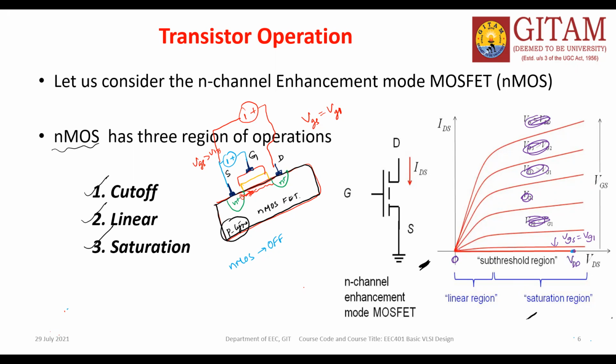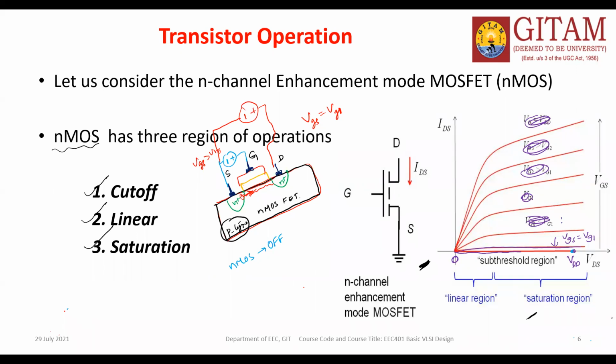So VDS changes from 0 to VDD, and this is the curve we observe. Still, I don't find any variation while changing the VDS value from 0 to VDD.